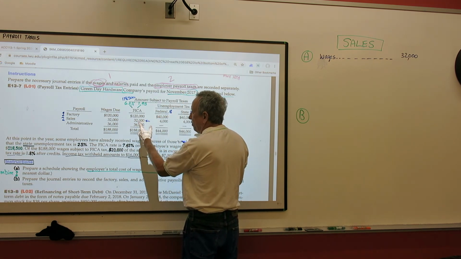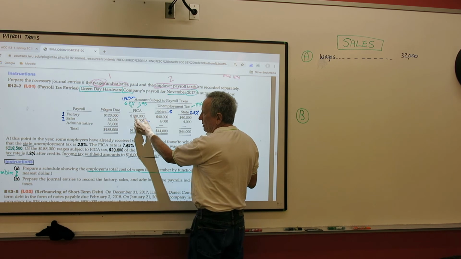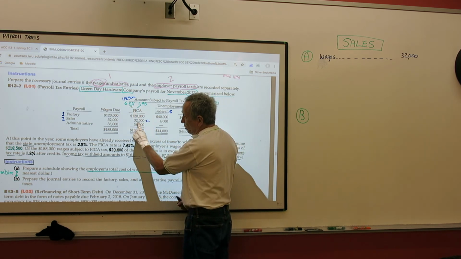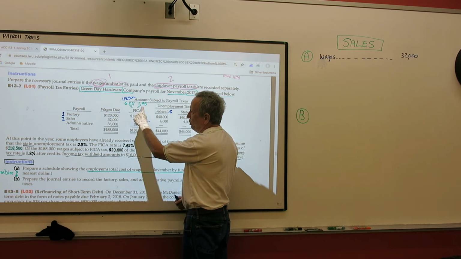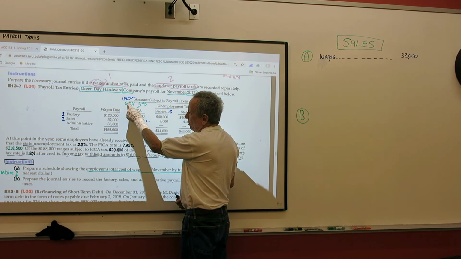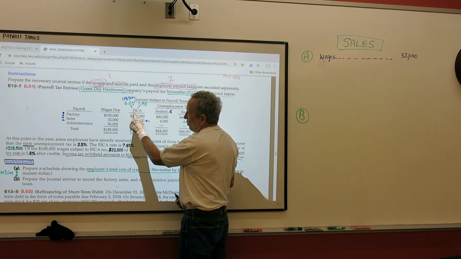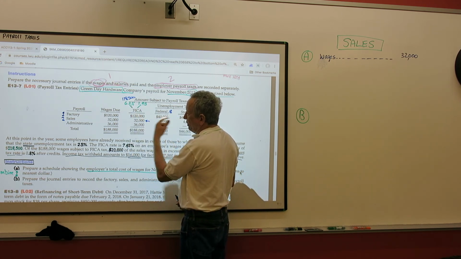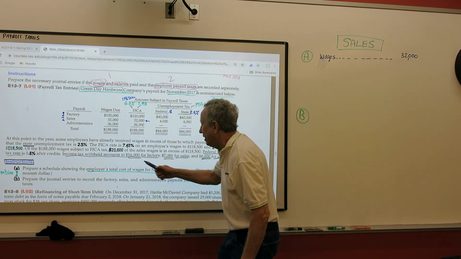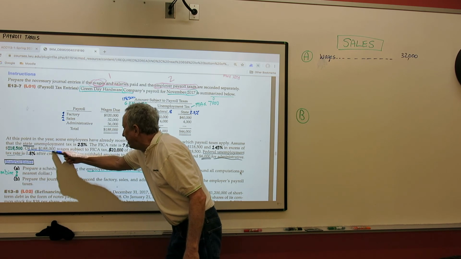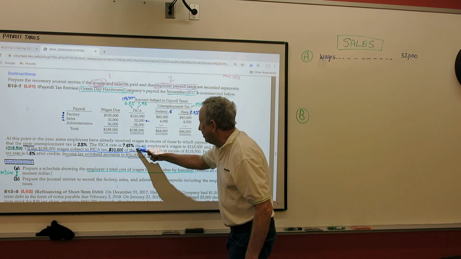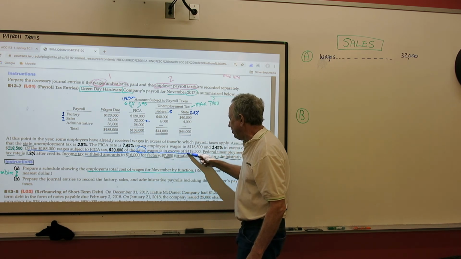But this one's a troubling number because remember, there's two components of it. In other words, every dollar is exposed to Medicare. There's no limit. But we really have to know, is there a limit for the retirement, the OASDI. Well, do you remember earlier it said, of the $188,000 subject to the FICA tax, $20,000 of the sales wages is in excess.